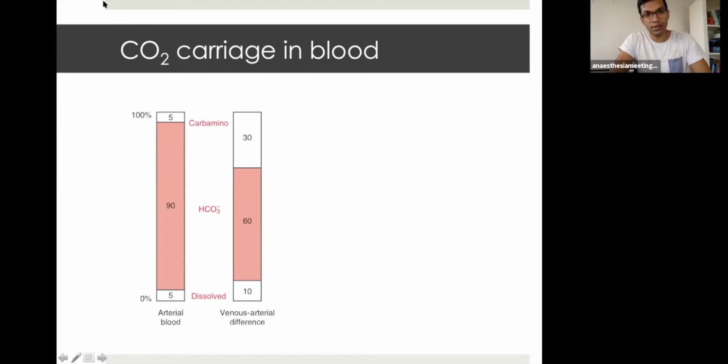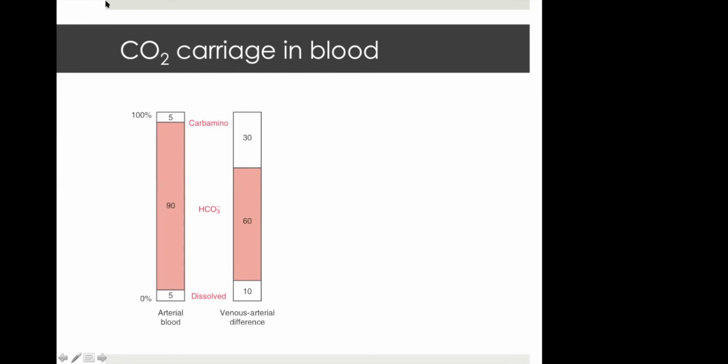Yes. It shows the Haldane effect in the sense that CO2 is bound to HB, and HB has a high affinity for CO2.